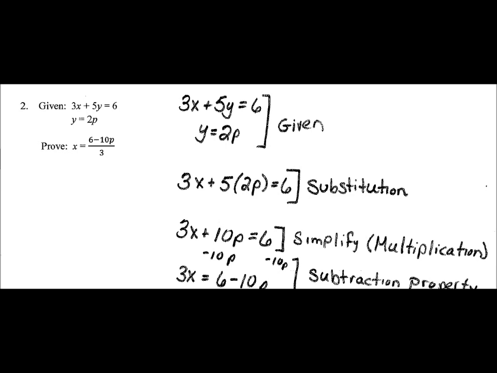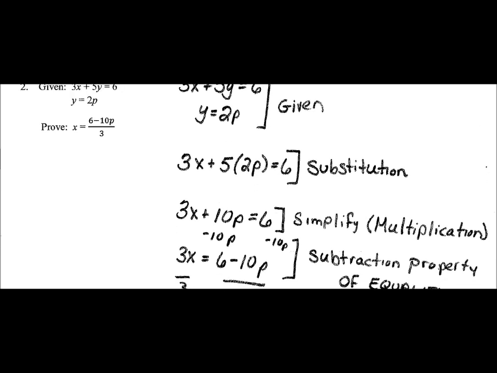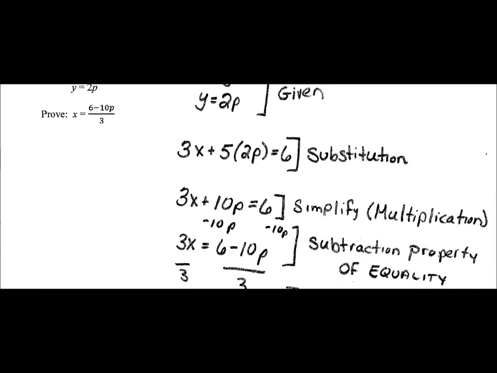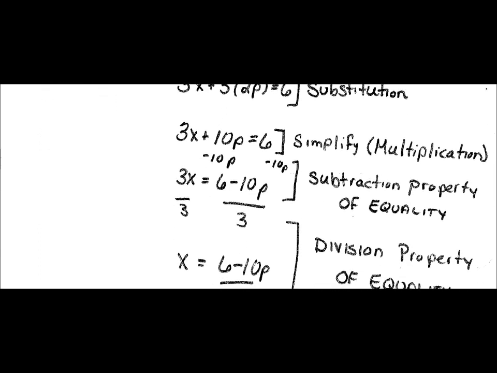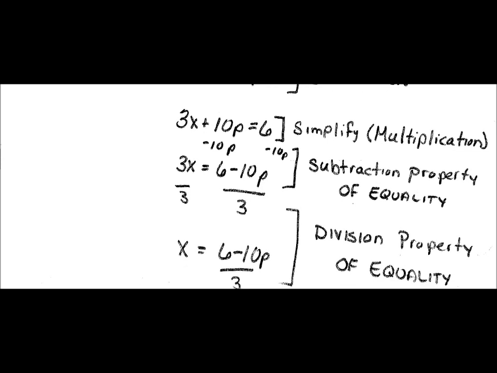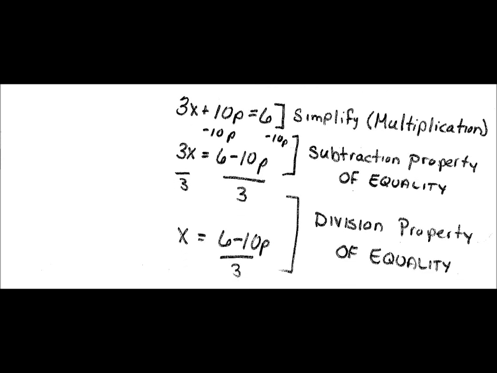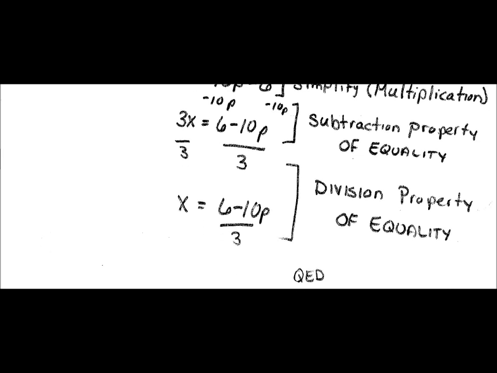And that multiplication I did was simply simplification. Now I'm going to solve to get x by itself. I'll begin by subtracting 10p from both sides. That's the subtraction property of equality. Then I have 3x equals 6 minus 10p. Divide both sides by 3, and I have x equals 6 minus 10p all over 3. And I've proven what I want to prove.